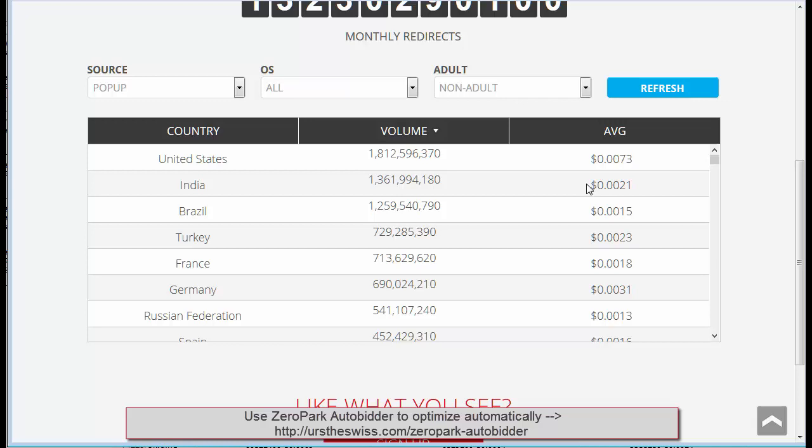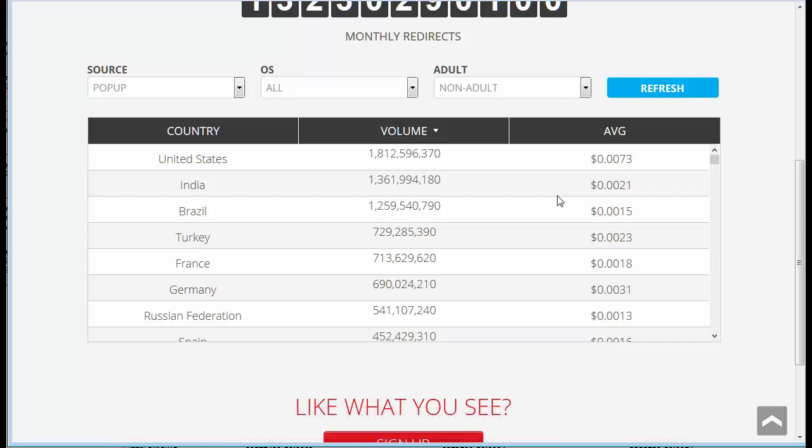However, because run traffic is also in competition with our campaign, and we have now learned that run traffic for pop-up, non-adult, desktop traffic costs on average $0.0073, us being in competition with that pricing, if we set our minimal bid at $0.0002, we are probably not going to make any views because the run traffic is more expensive.